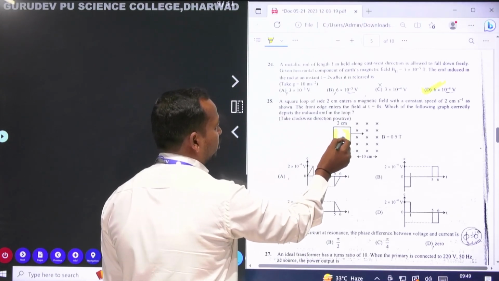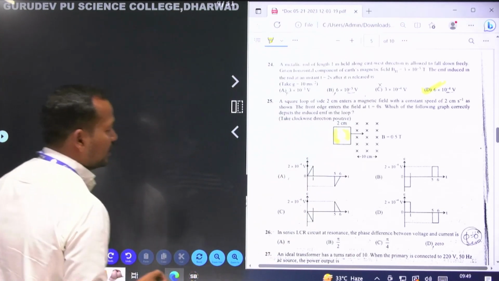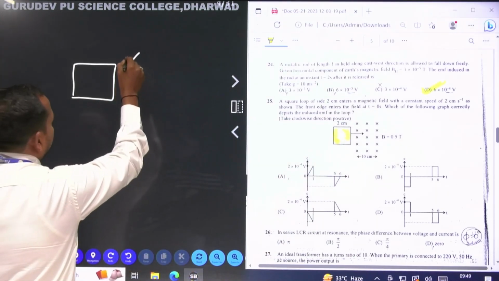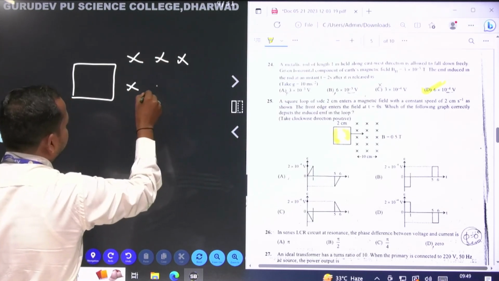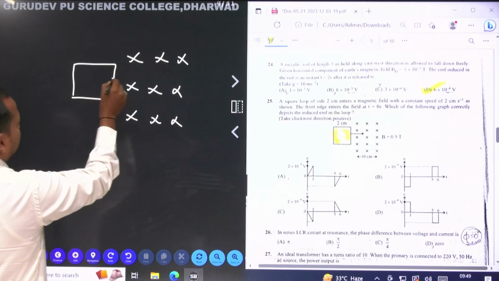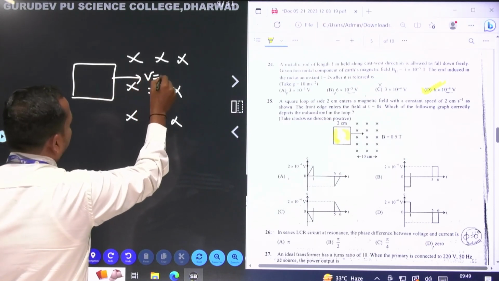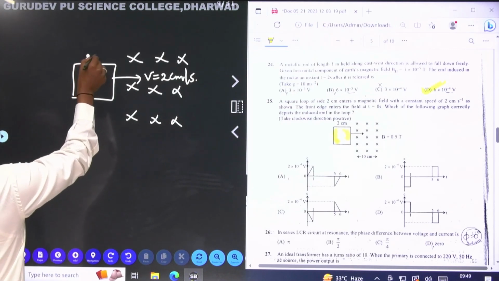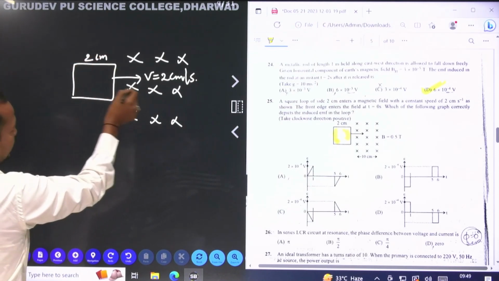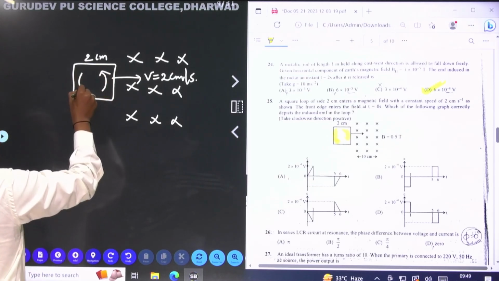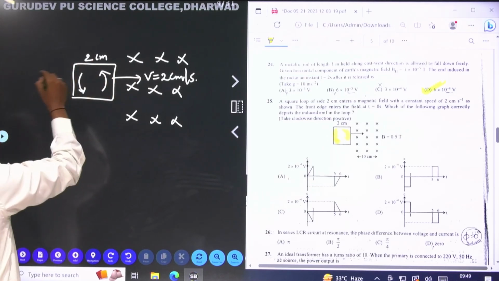Okay, but they have said that, I'll draw that diagram again here. This is a loop. This is a uniform magnetic field. Whenever this is moving with a velocity of 2 centimeter per second, and this length is also 2 centimeter, when it enters here, the EMF induced is anti-clockwise.